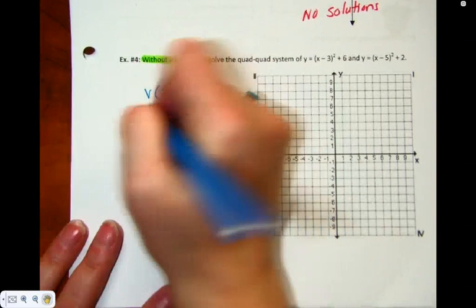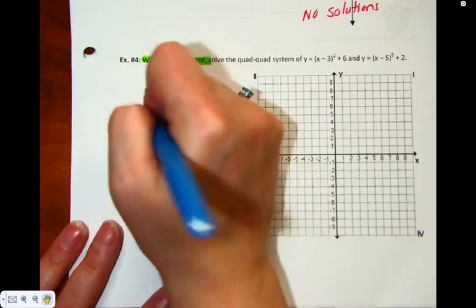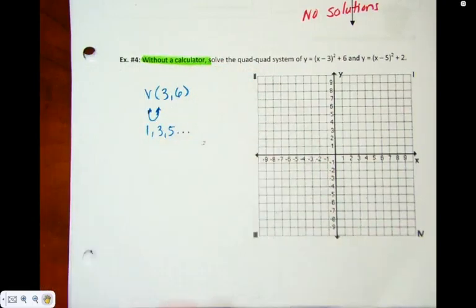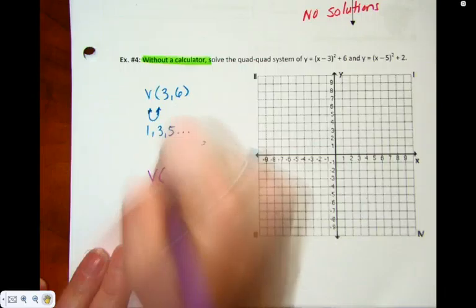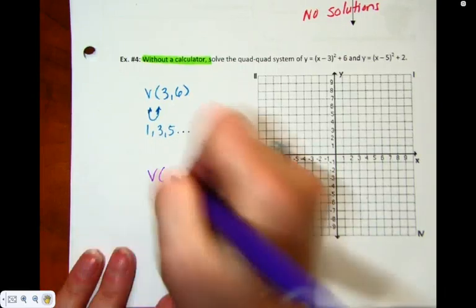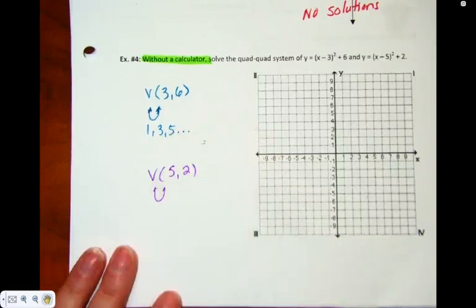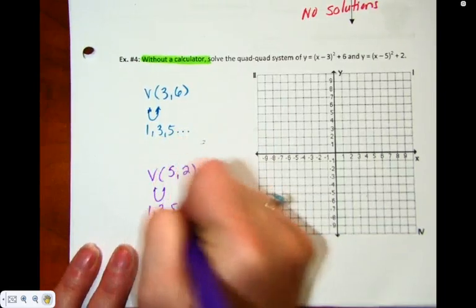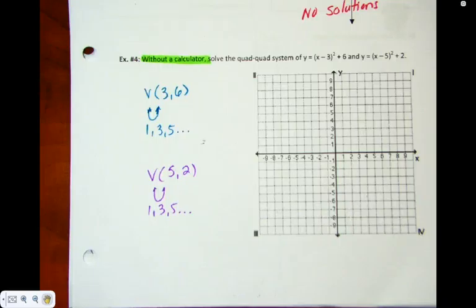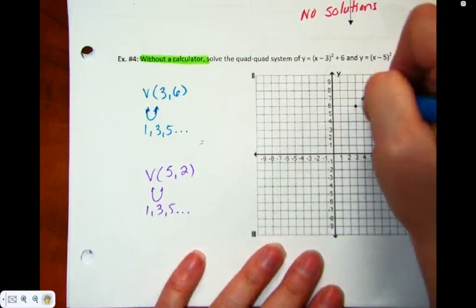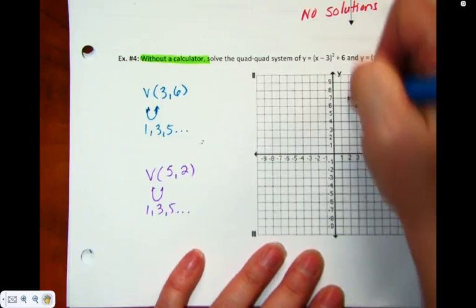Direction. Width. And we'll do the second one at the same time. I'm going to switch colors. So 3, 6, over 1, up 1, over 1, up 3.